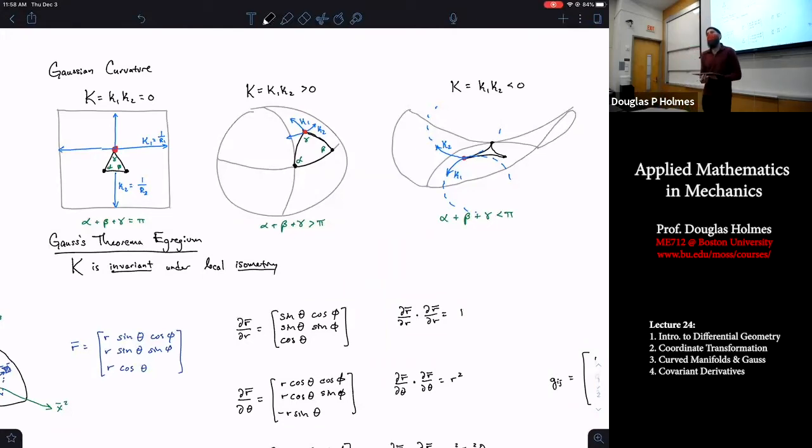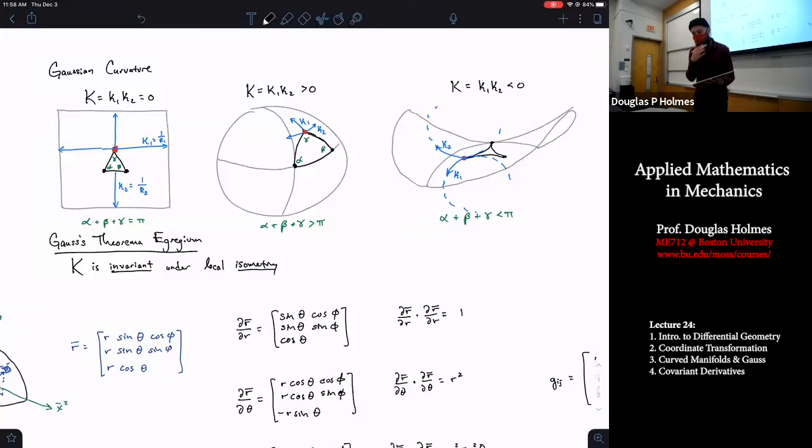Isometry, what does that mean? Iso, as in isobaric, isothermal, means the same. Isometry, isometric, means the metric is the same. So the Gaussian curvature will not change if the metric does not change.